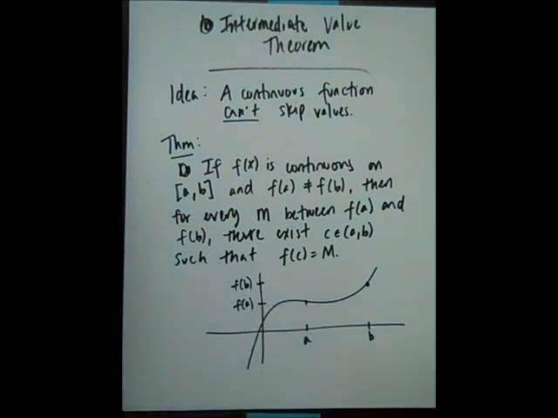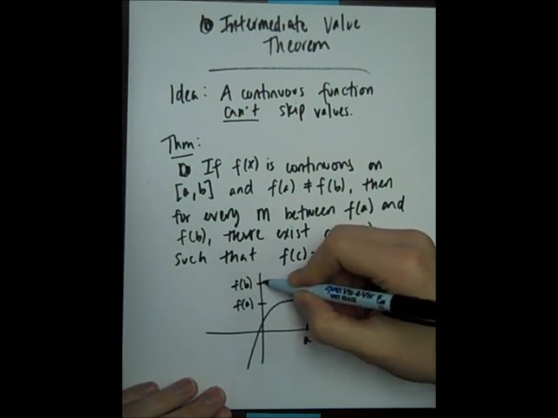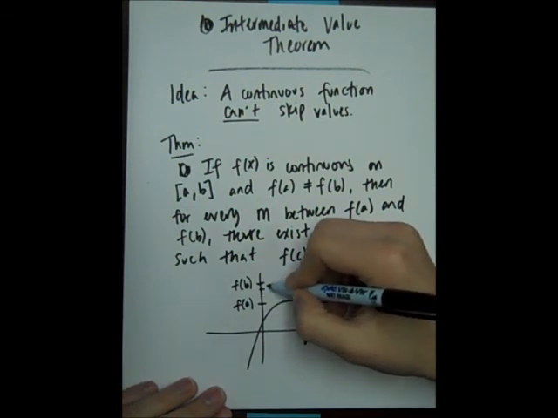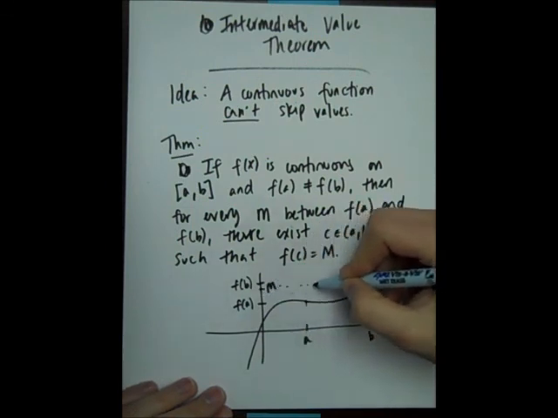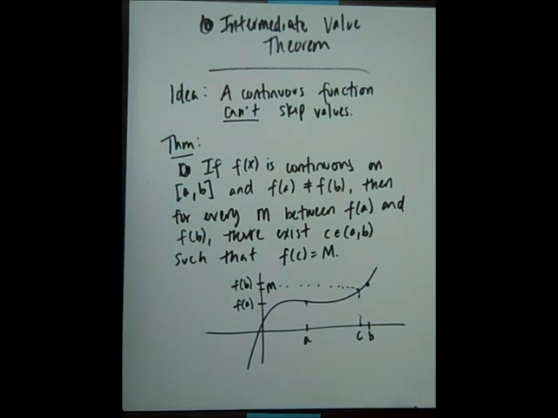What the intermediate value theorem says is that for any m between these two values, so let's say I choose this one, then there exists some c between a and b that corresponds to it. That's what the intermediate value theorem says, is that for any value I choose between these two y values, I had to have had an x value corresponding to it, because the function is continuous.